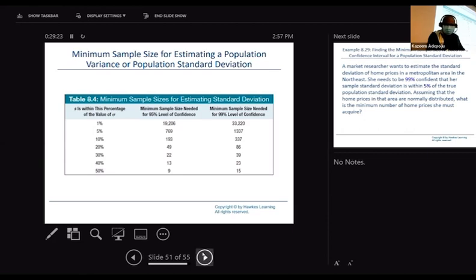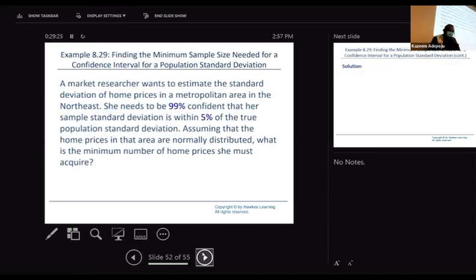Okay, I'm going to walk you through an example now. Take a look at this. A market researcher wants to estimate the standard deviation of home prices in a metropolitan area in the Northeast. She needs to be 99% confident that a sample standard deviation is within 5% of the true population standard deviation.